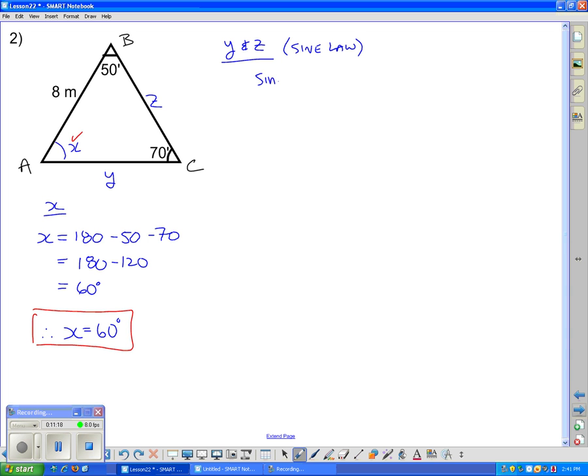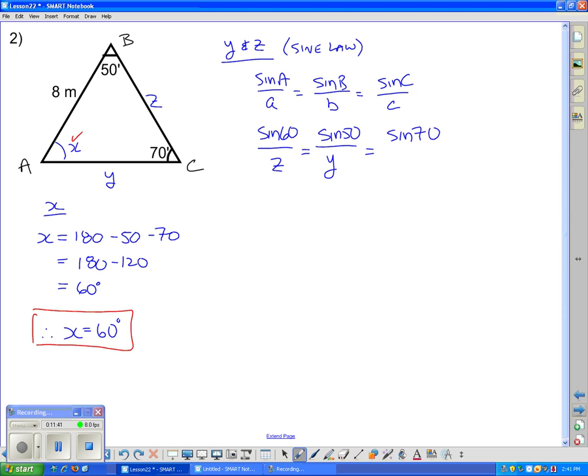Remember sine law, sine A over A equals sine B over B equals sine C over C. Filling in the information. So we just found angle A, that's our X value, and we don't know side A. Sine of 50 degrees for angle B is our unknown for Y, and C, sine 70 over 8.